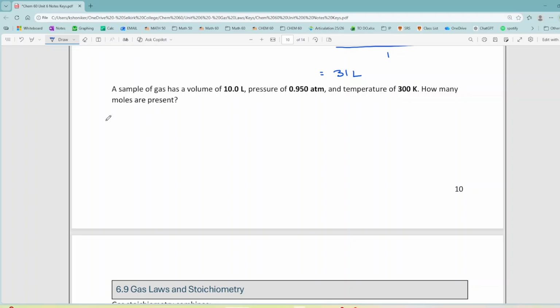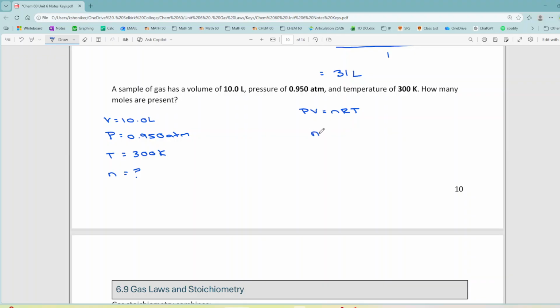So this one, my volume is 10 liters. My pressure is 0.950 atmospheres. My temperature is 300 kelvins, and we want to know the n. So we're going to use the formula PV is equal to nRT.